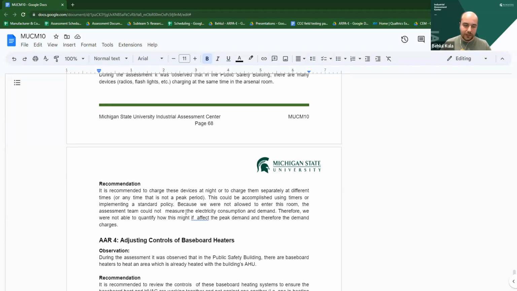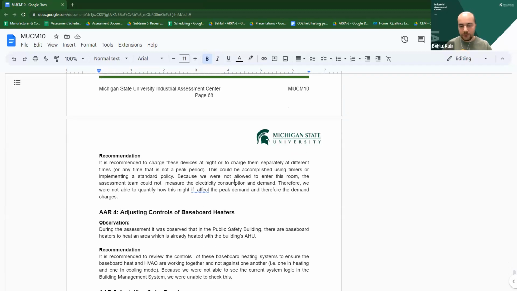But there could be some opportunity to charge them at night times, to not increase the demand cost, because both buildings have demand charges. If you charge them all at the same time, it could increase the demand, and your demand cost is around $17, I think, per kilowatt. So we couldn't collect data for that one, but you can consider this.